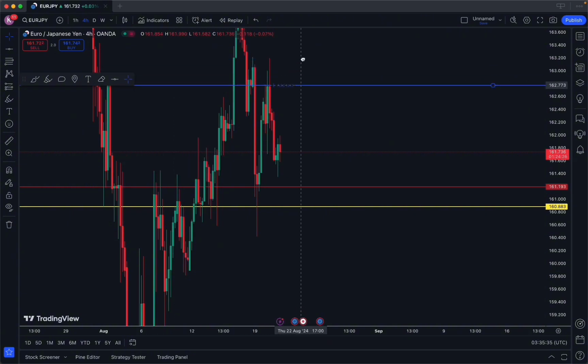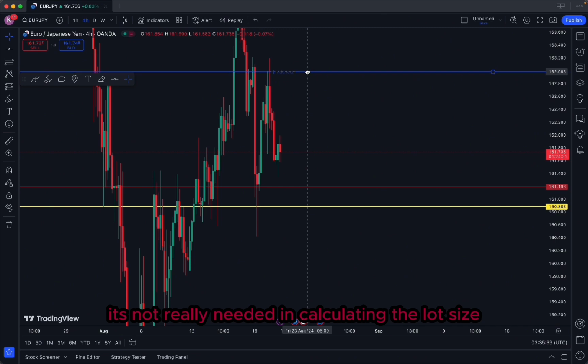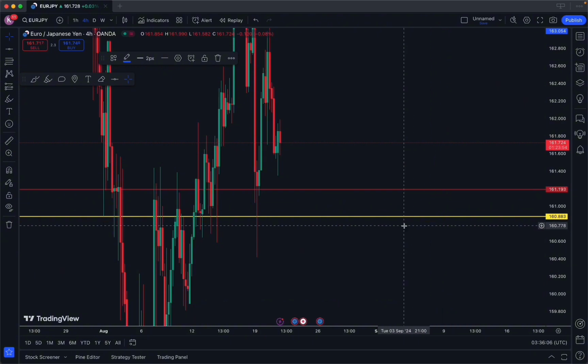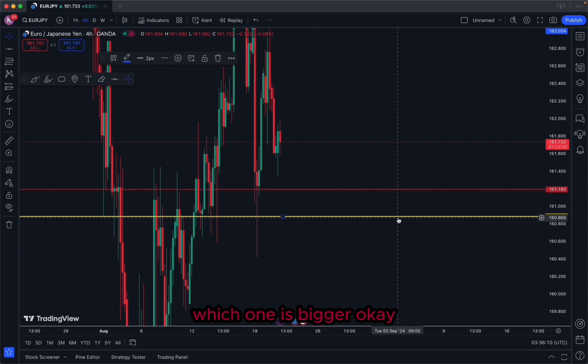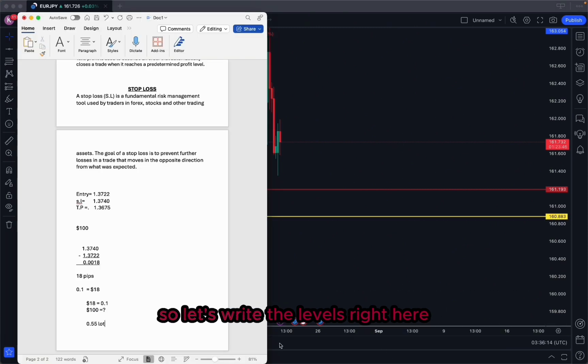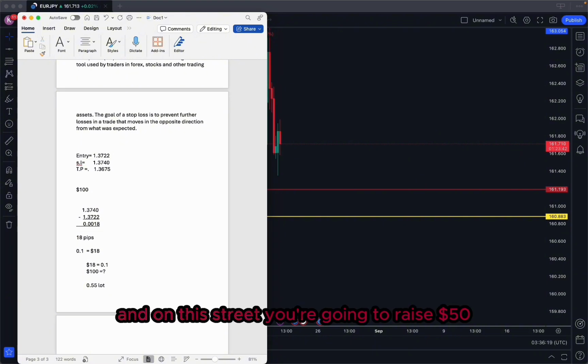The take profit can be anywhere, because it's not really needed in calculating the lot size. The lot size is calculated by subtracting, between the entry and the stop loss, the smaller one from the bigger one. So let's write the levels right here. On this trade, you're going to risk $50.